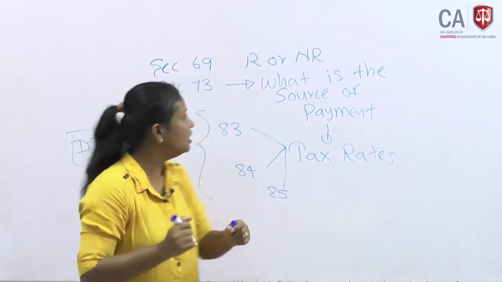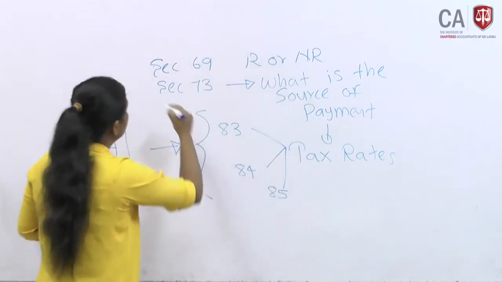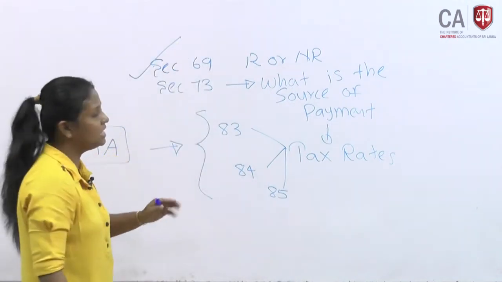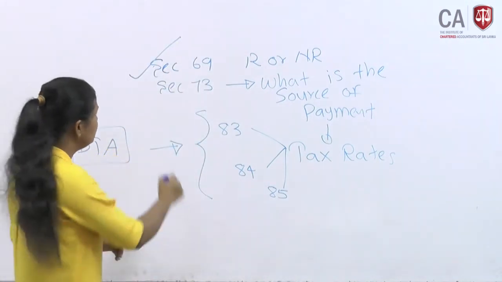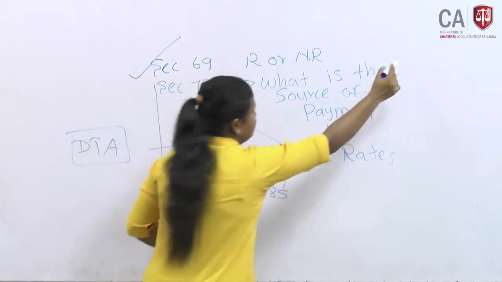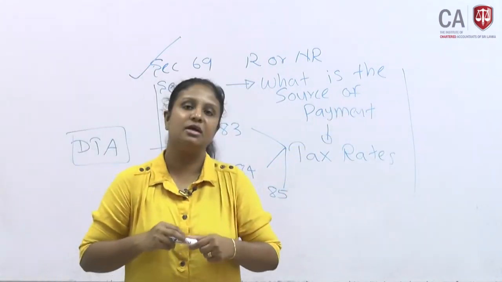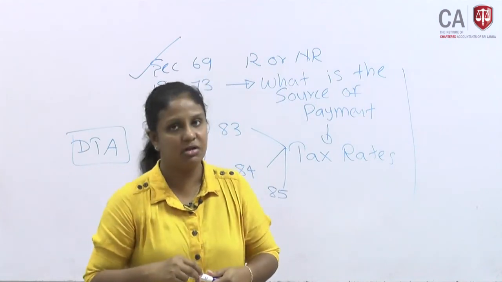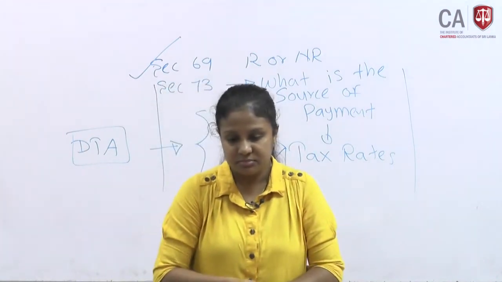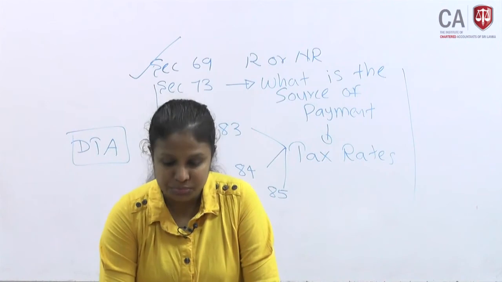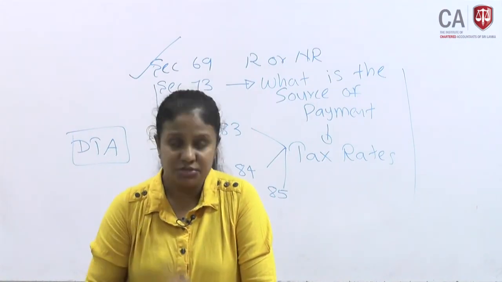Clear? Now we are doing this part. In that, section 69 has already been given in the question. We are doing this part: identify the source, identify the tax rate, and determine whether it is final or non-final. Okay. Now, this is a branch office.